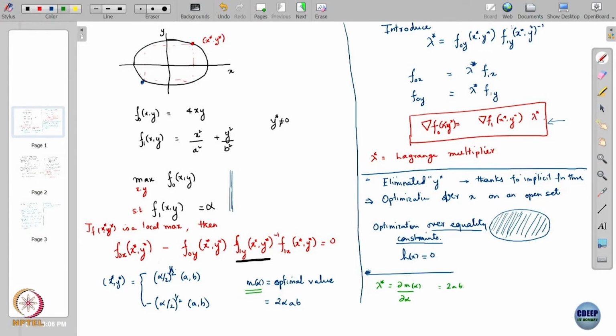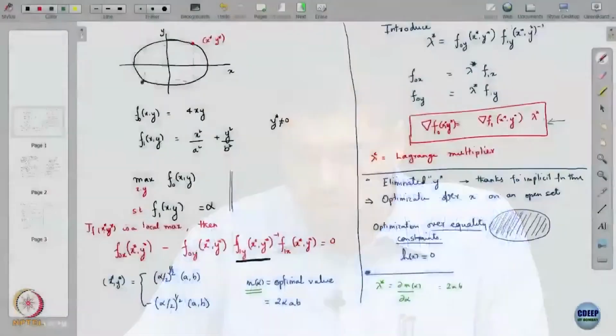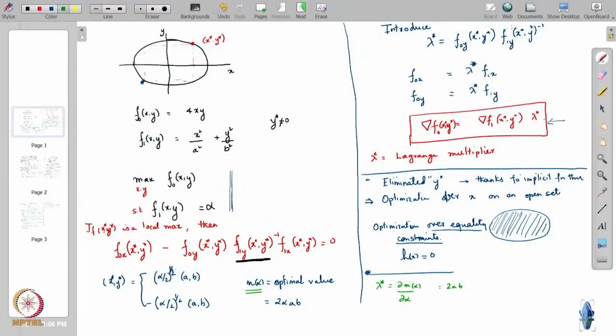Now, what is the meaning of this? What this means is that the lambda star is telling me how much the optimal value would change if I changed my alpha. So, m of alpha, remember, was the area of the largest rectangle. It is a function of alpha.